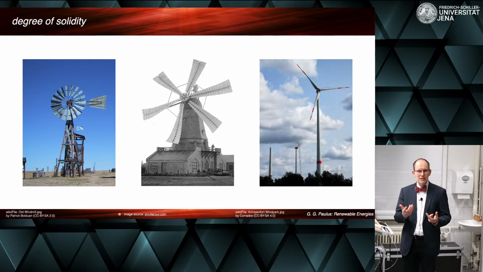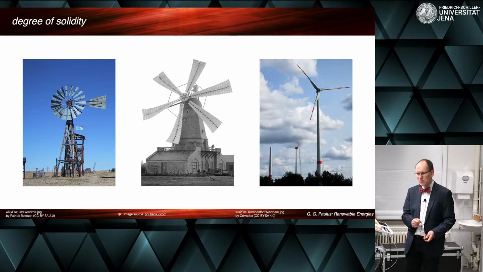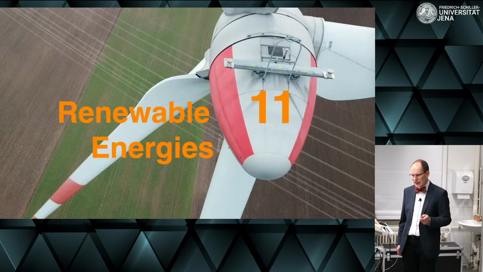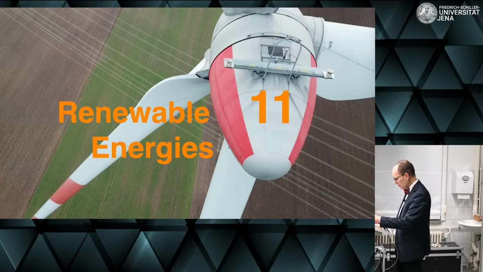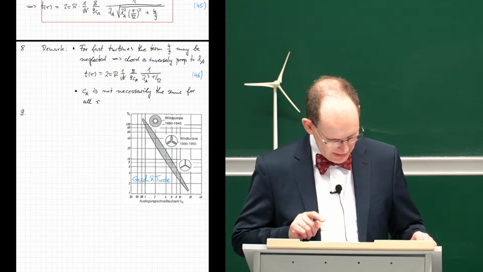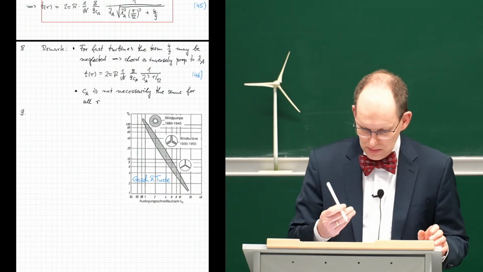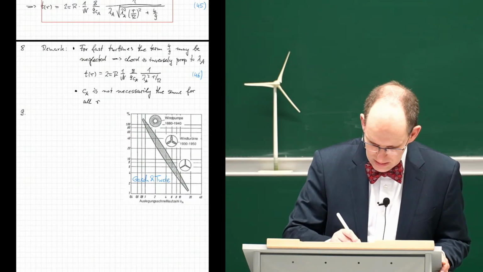In some sense these were modern windmills, and perhaps I make a few more historic remarks on the Dutch windmill in the last lecture of this course, if time permits. So this is the Hütter diagram. Let's come back to the... we just write it, that's what it is, Hütter diagram.